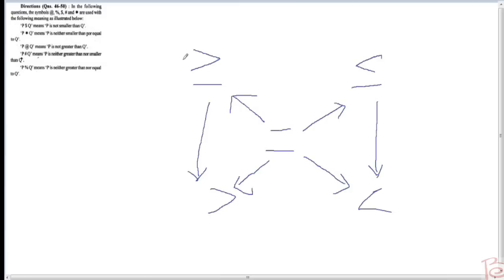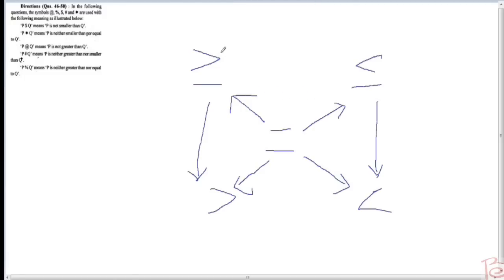Okay, and the arrow sign means you can move towards this direction, this direction, and this direction. Basically, if you're going to move towards the arrow mark, then you can move.